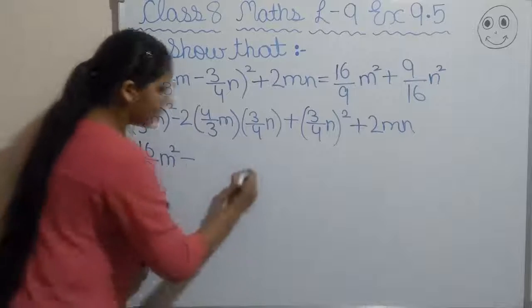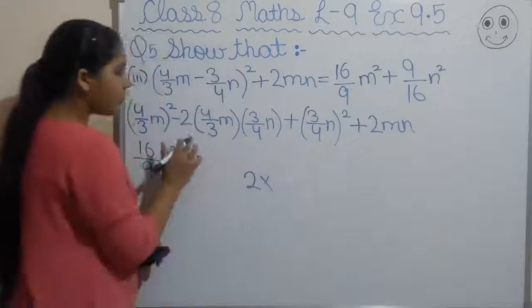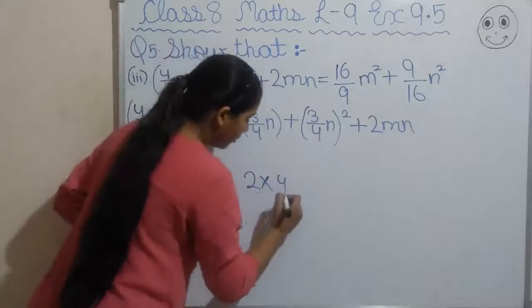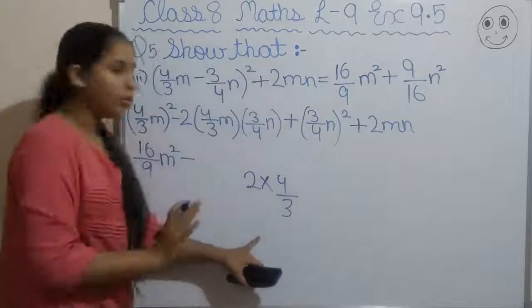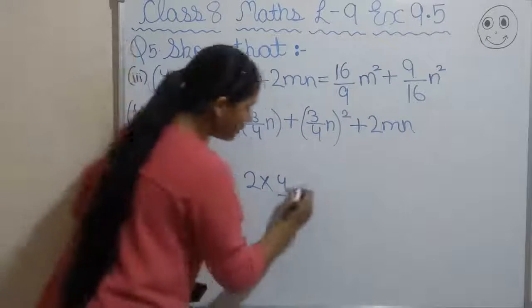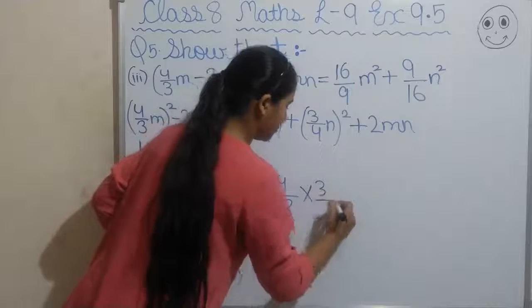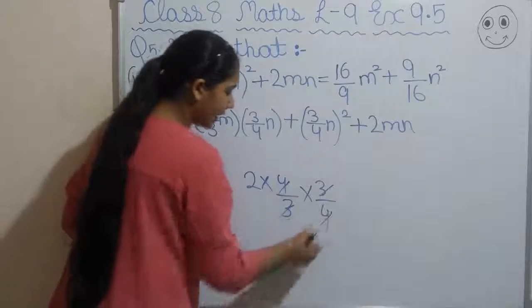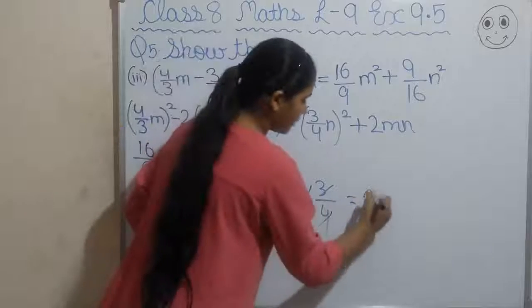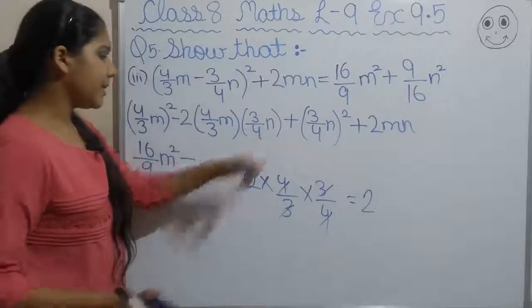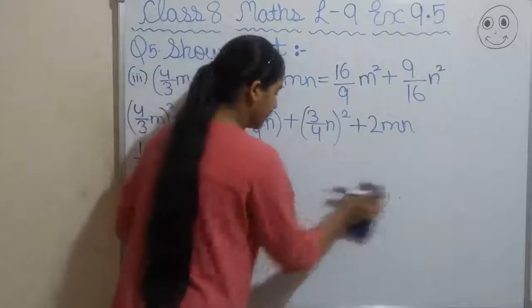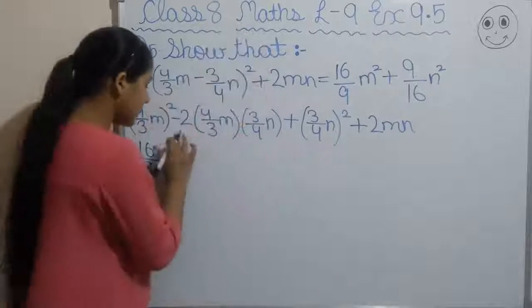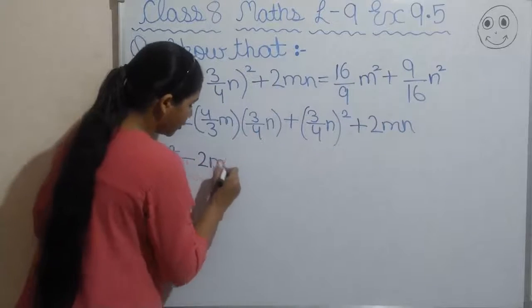So 2 into 4 by 3 into 3 by 4, this is very easy: 3 and 3 cut, 4 and 4 cut, so 2 is left, and this mn, so minus 2mn.